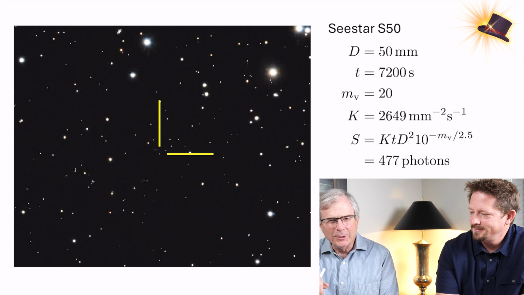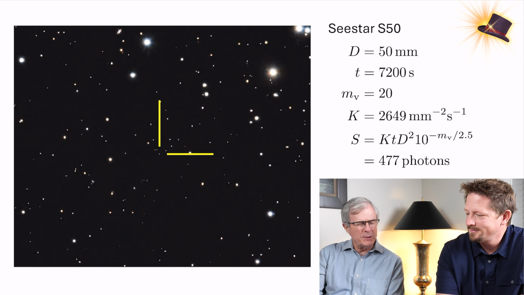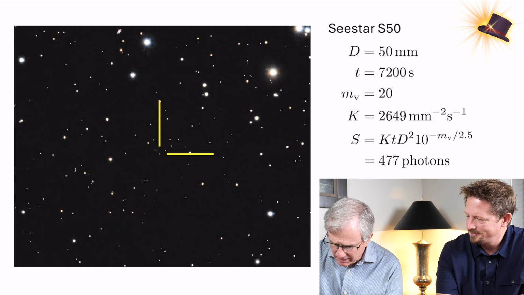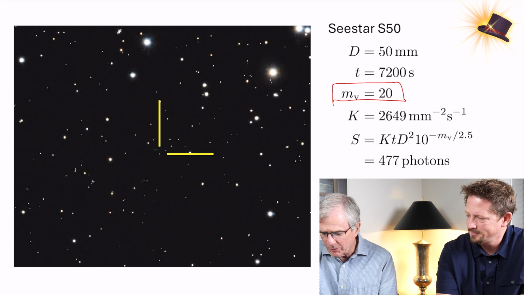I got more joy than I really should admit out of doing this example. This is taken from an image that Ren and I took. We spent 2 hours looking at a particular part of the sky out at Treasureton, our Bortle 2 site, and we detected this 20th magnitude galaxy. Right where those yellow pointers are pointing is a galaxy of magnitude 20.